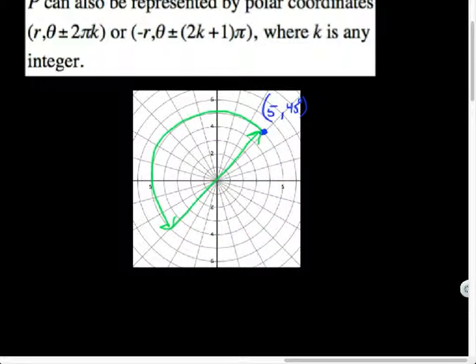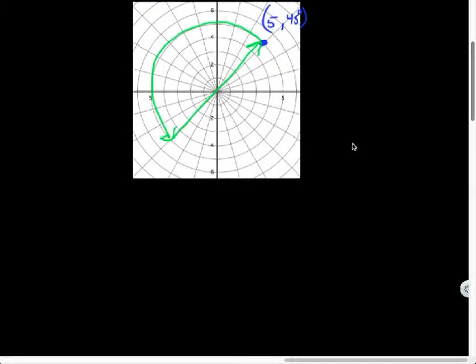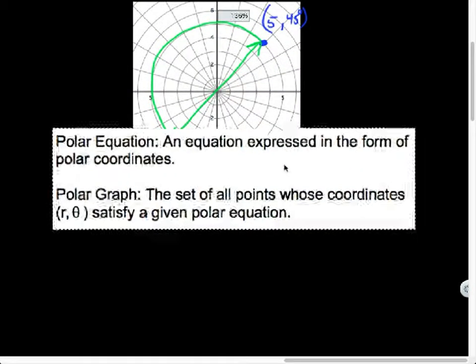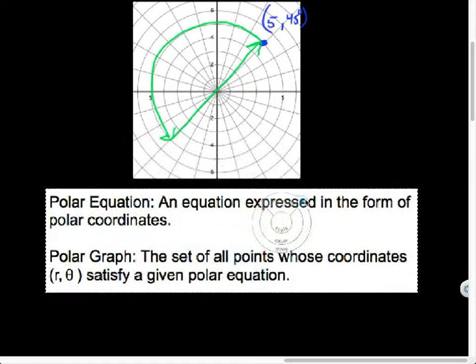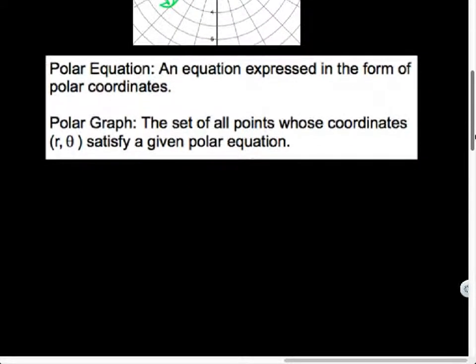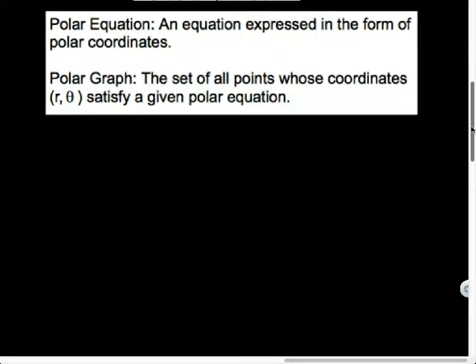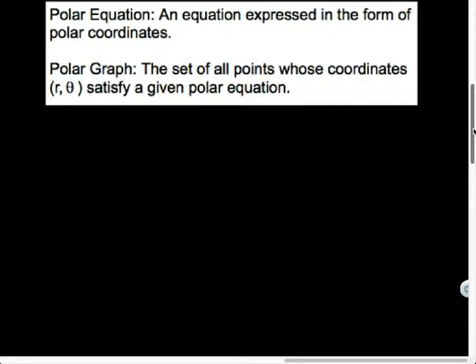Good. So now plotting points, you might be like, wow, this ain't that bad. Maybe. But remember, with rectangular coordinates, we never just stopped at plotting points. We got to the point of graphing equations. So it says polar equation is an equation expressed in the form of polar coordinates. So I'll throw some examples there.